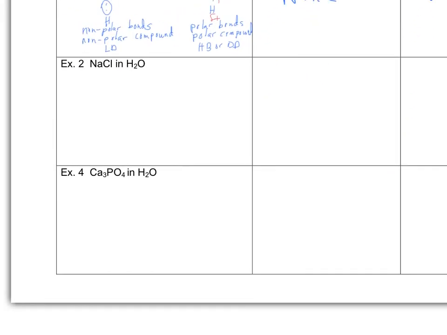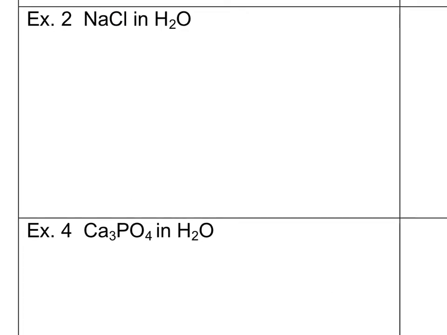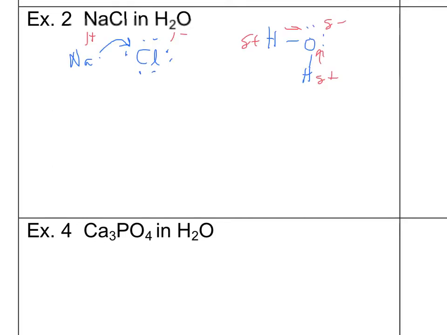The last two examples show ionic compounds. Here's the structure of our NaCl. It can also be written like this.